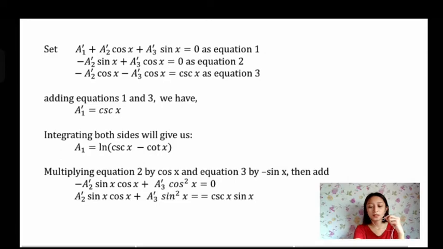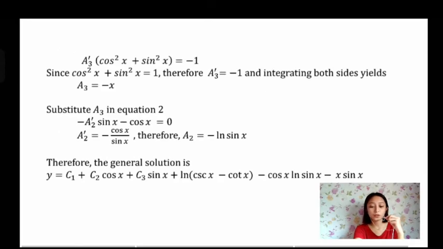Since cosine squared x plus sine squared x equals 1, therefore a sub 3 prime equals negative 1, and integrating both sides yields a sub 3 equals negative x. Substitute a sub 3 in equation 2.